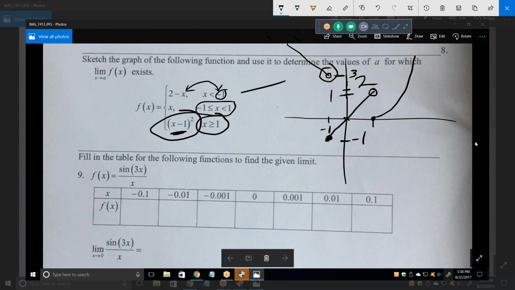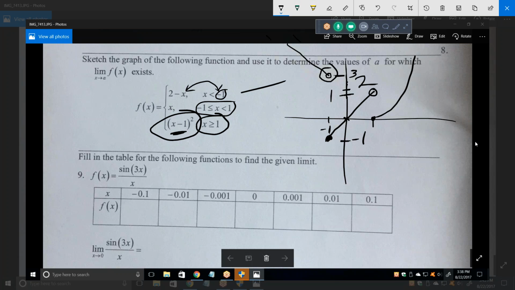Now, determine the values of a for which the limit of f of x exists. They sure know how to ask a question in a confusing way. Let me ask it this way.